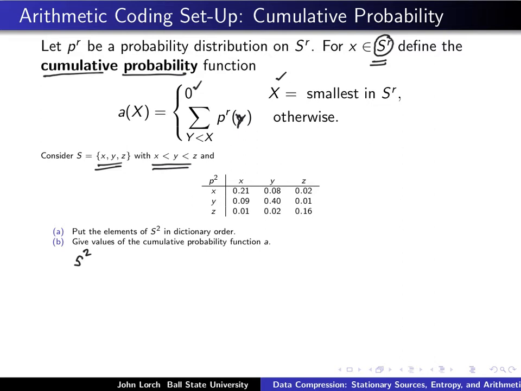All right, so let's take our strings of length 2 and put them in order. The very smallest one would be XX. And then if we go next in the dictionary order, we should have XY, and then XZ, and then YX, and YY, and YZ, and then finally ZX, ZY, and ZZ.